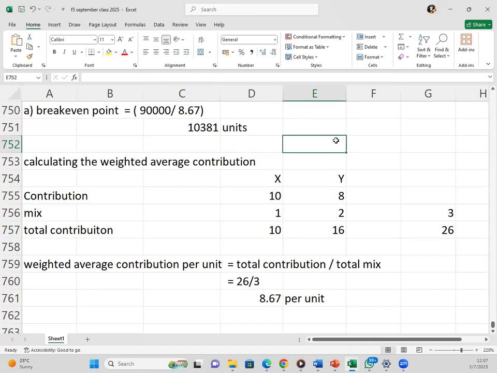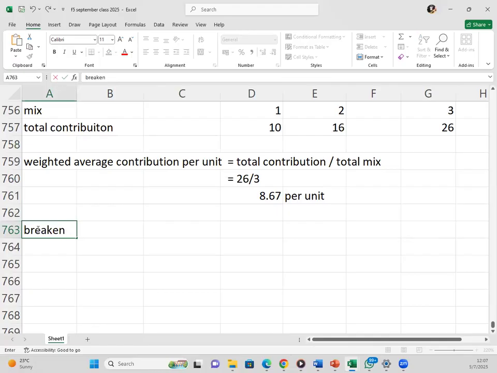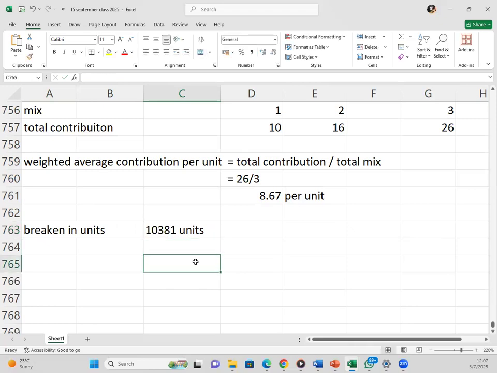So we might need to split these units. There may be need for us to split these units. So our break even in units is equal to 10,381. These are the units we need to sell in order to break even.